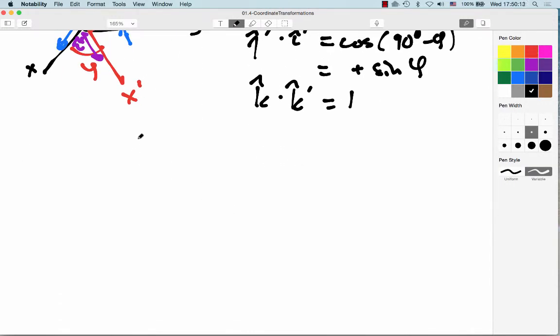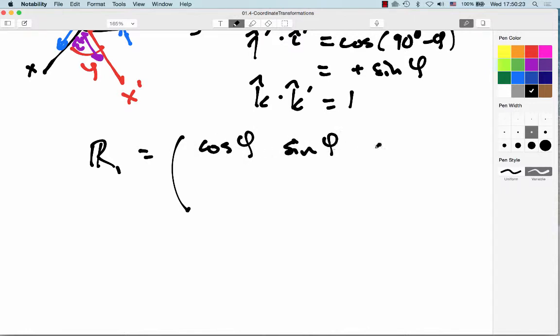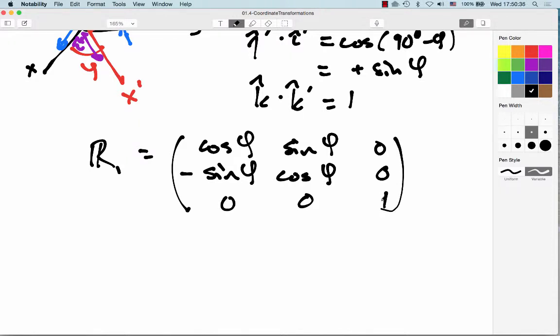So this gives us a transformation matrix, let's just call it R1 real quick here, of cosine phi, sine phi, 0. I'm just putting in the dot products where they go, minus sine phi, cosine phi, 0, 0, 0, 1.